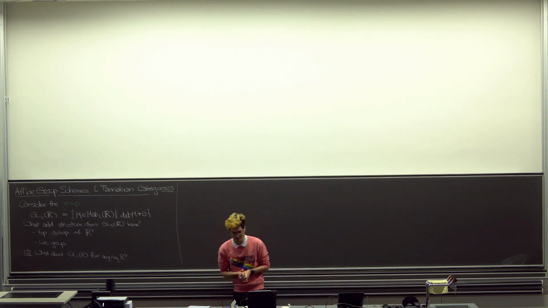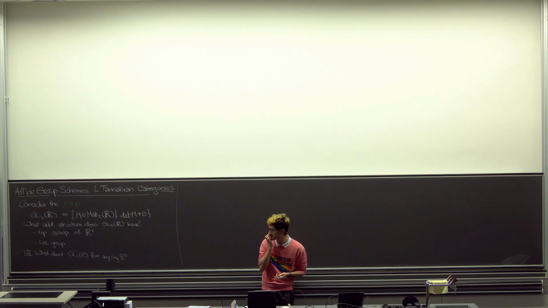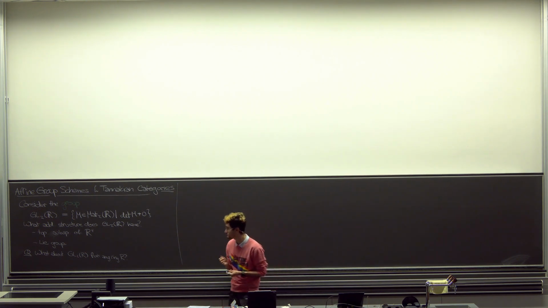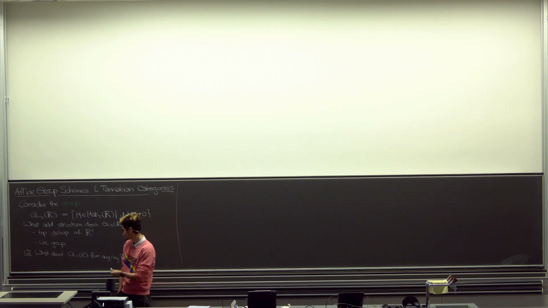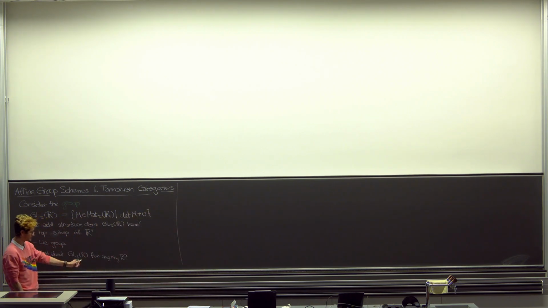And the solution that affine group schemes have is, instead of looking at the entire group with any ring R, we just look at this as a functor. We know that this does not have any additional structure itself, but we can impose additional structure by considering the entire thing as a functor.